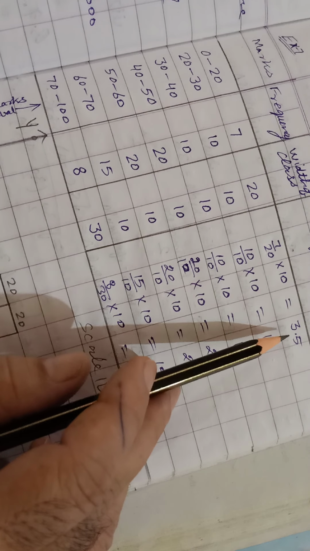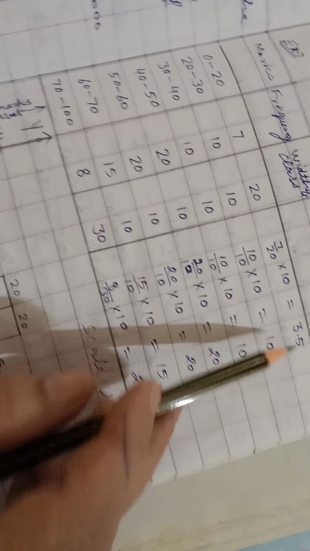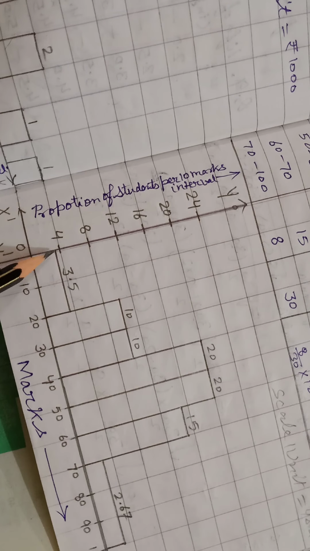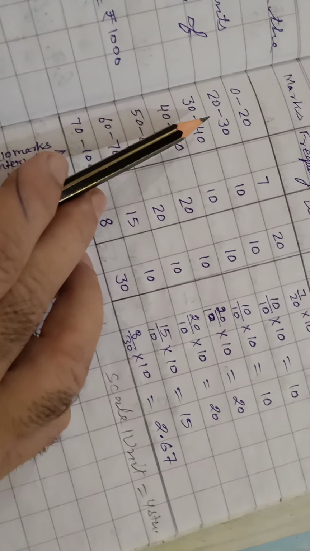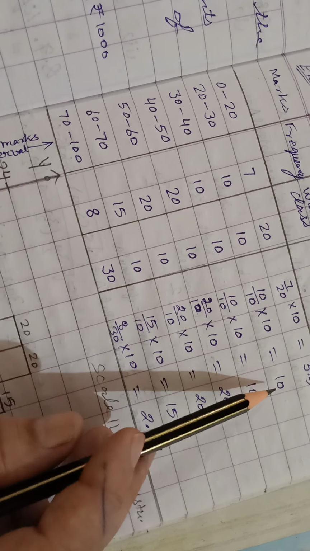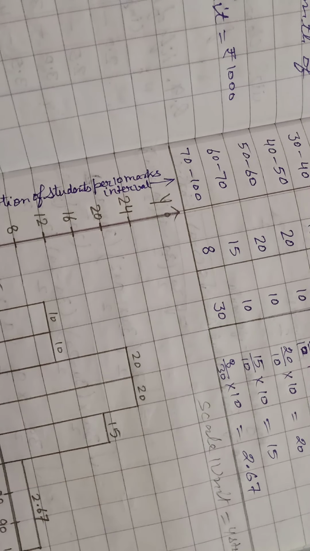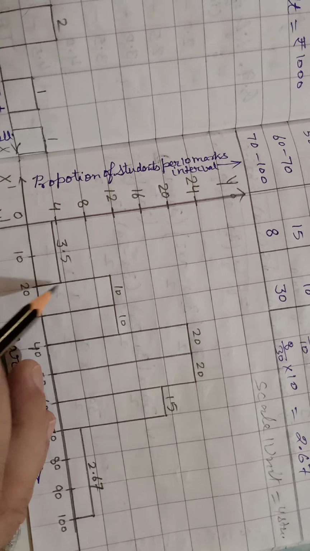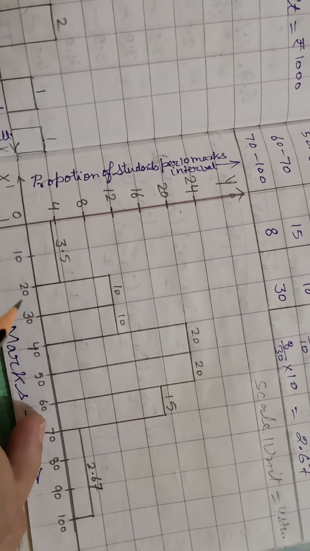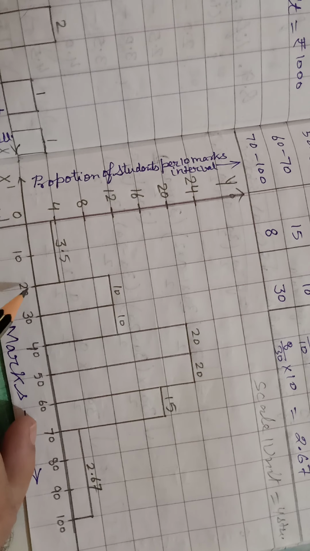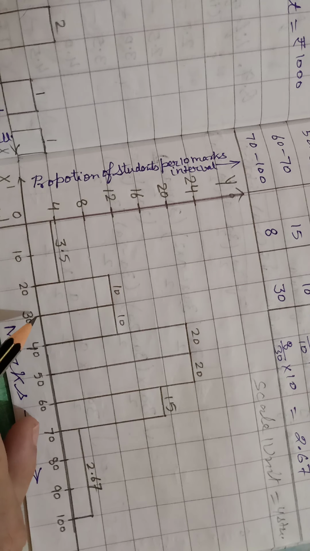0 to 20, that is, the length of the rectangle is 3.5. So this is your 3.5. Next, 20 to 30, length of rectangle 10. So we draw this rectangle, length of rectangle 10 and class interval 20 to 30.